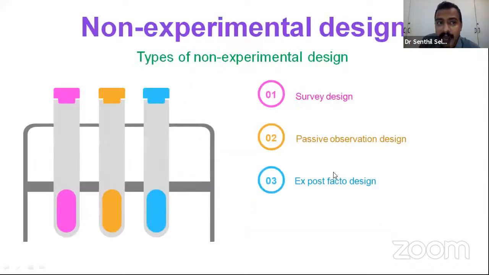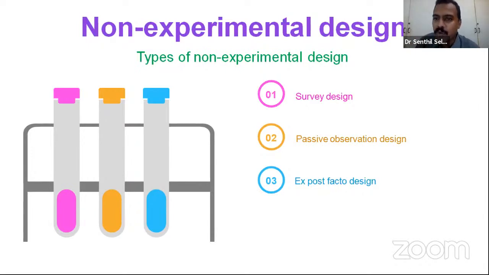And finally, the last one design is the non-experimental design. So non-experimental design, you are going to miss all the 3 characteristic features. That is the manipulation, the control group, and the randomization. If all 3 are missing, then we call it as a non-experimental design. Of course, we used to tell this as an observational study.